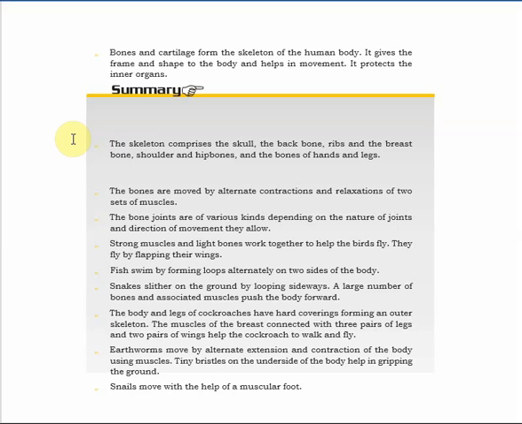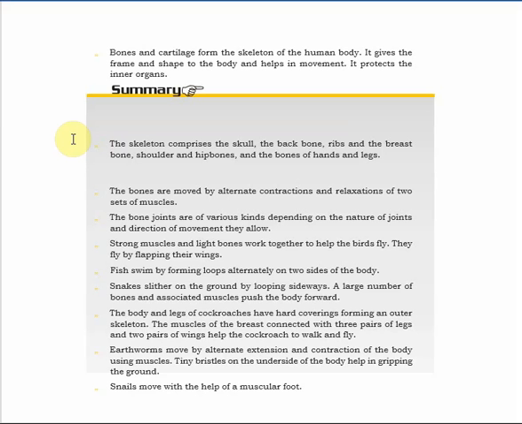The body and the legs of cockroaches have hard coverings forming an outer skeleton. I told there are three types of skeletons: endoskeleton like human beings, exoskeleton like cockroaches, and also liquid skeleton in the case of earthworms.